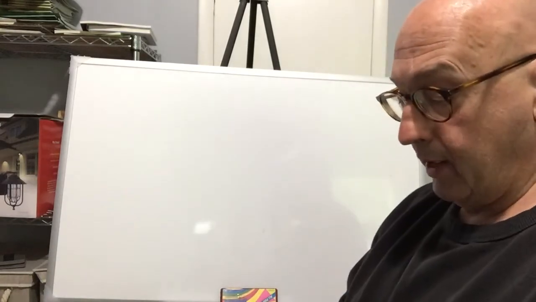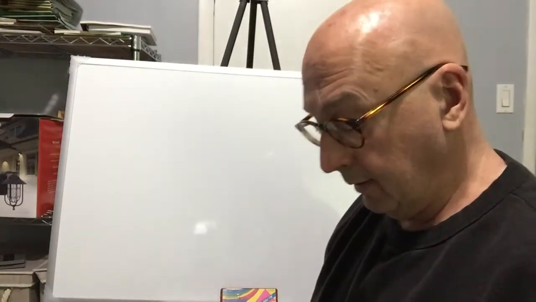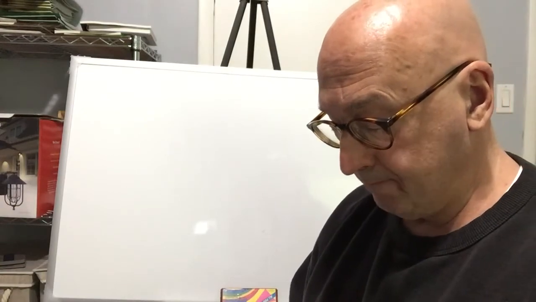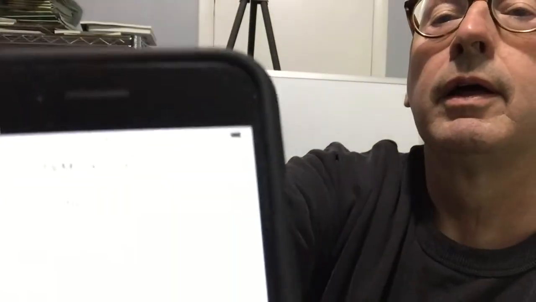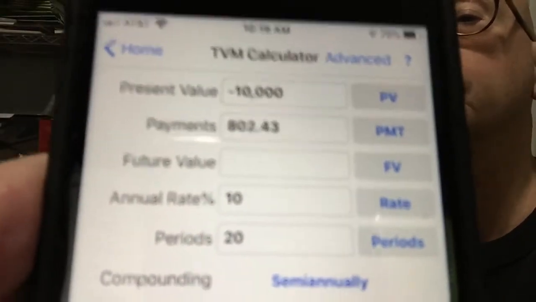First thing would be to calculate what the semi-annual payments are going to be. I've done this, and I'll just show it to you here. I put in the amount of the mortgage contract as minus $10,000.